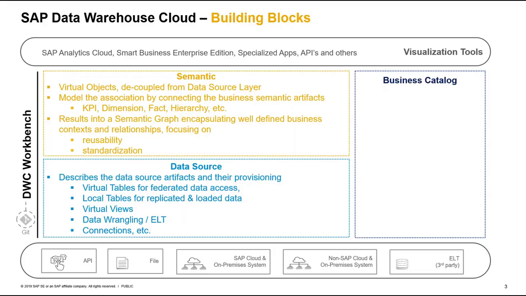The semantic layer provides the model capabilities of connecting the business semantic artifacts like KPIs, dimensions, facts, hierarchies. It will result in a semantic graph to encapsulate the well-defined business context and relationships by focusing on reusability and standardization.